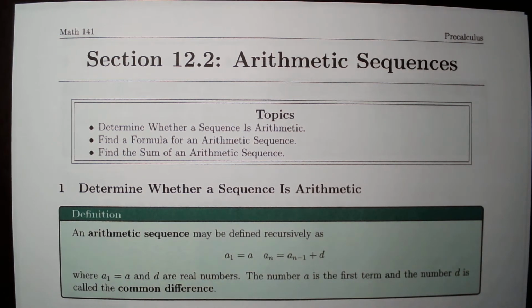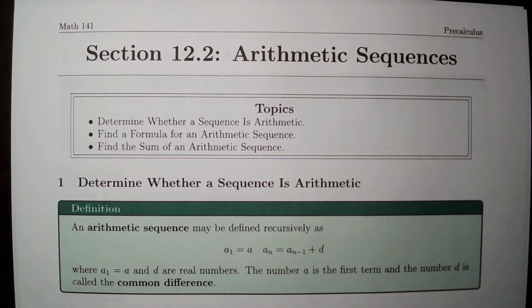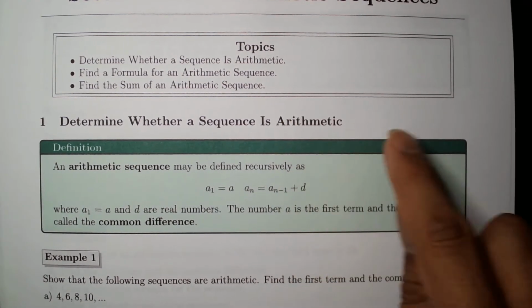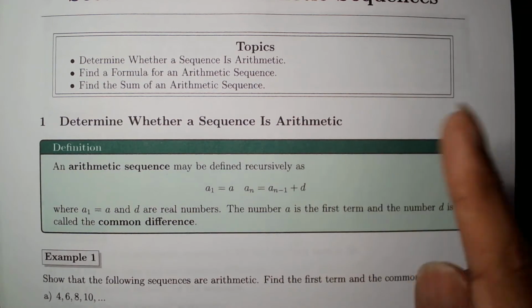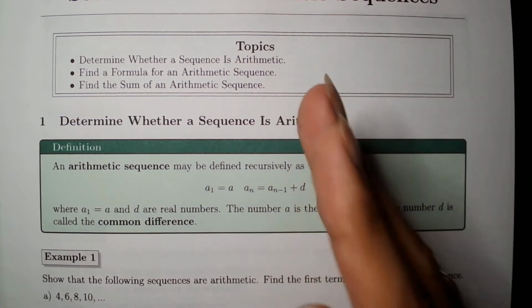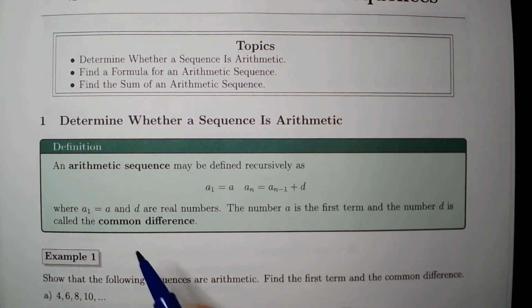Alright, so in this video we go over section 12.2, arithmetic sequences. An arithmetic sequence is a special kind of sequence in which every subsequent term has the same difference from the previous term. That's what we call a common difference.